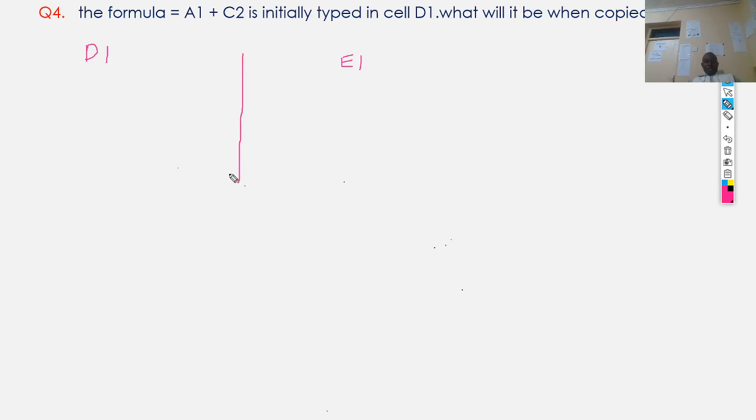The formula is equal to A1 plus C2. How will it be when copied to E1? So it must start with an equal sign.